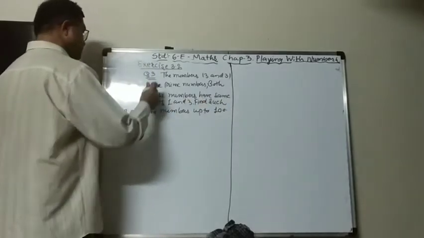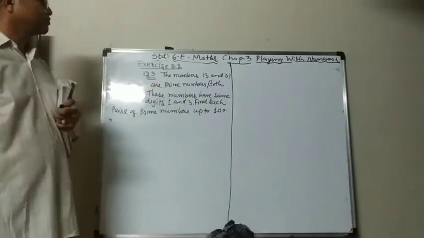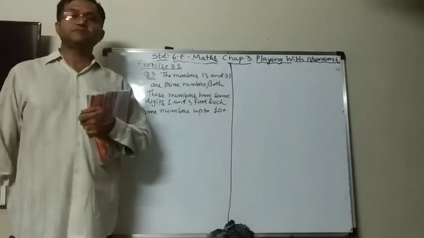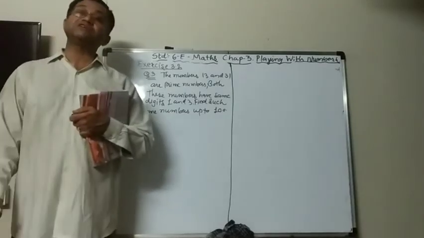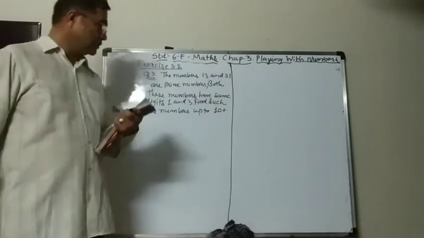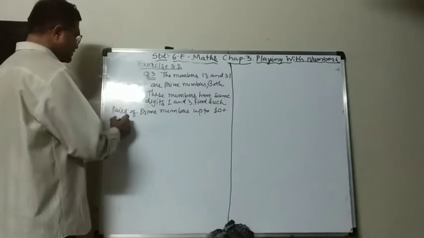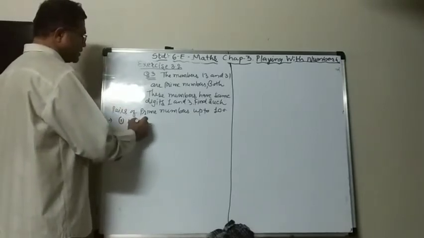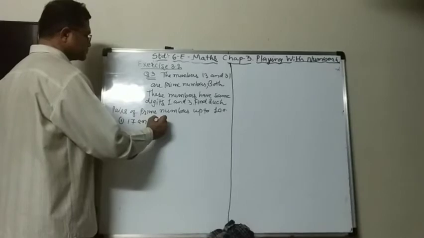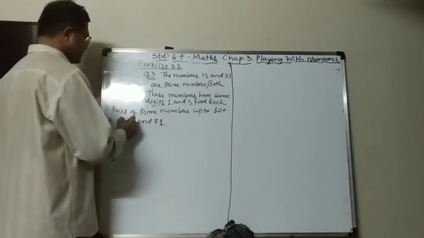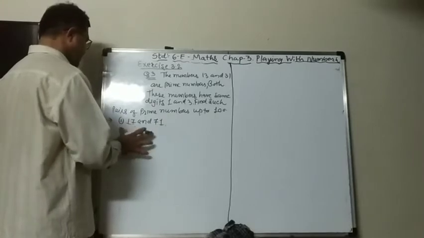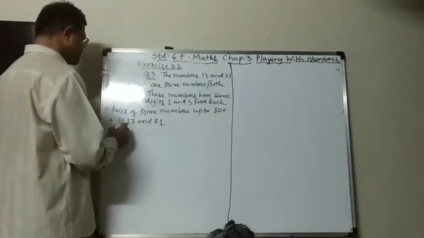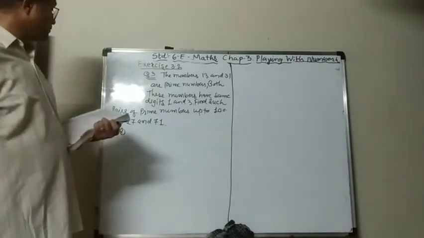So we have to find the pairs which when we shuffle or reverse, then also it is a prime number. The first pair is 17 and 71. Both are prime numbers and they have the same digits, only 1 and 7.